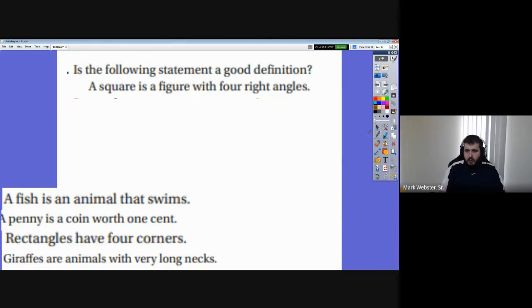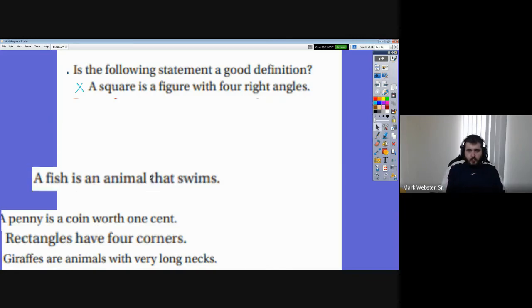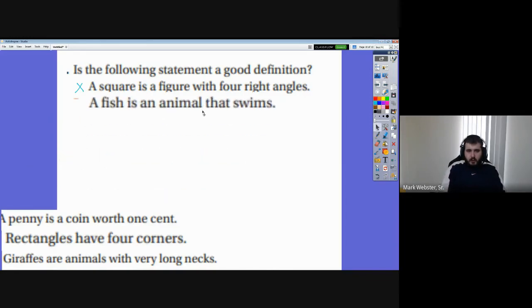All right, well, not a good definition. No. How about this one? A fish is an animal that swims. Well, it is true that a fish swims, but remember, a definition has to exactly describe. A fish is an animal that swims, but are all animals that swim fish?